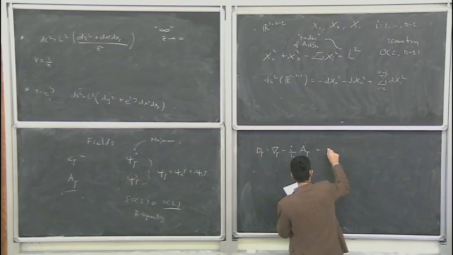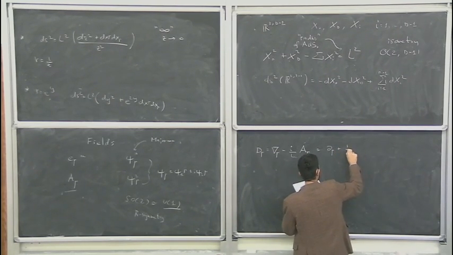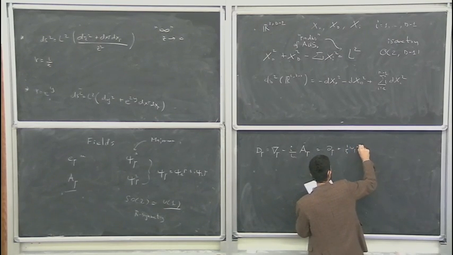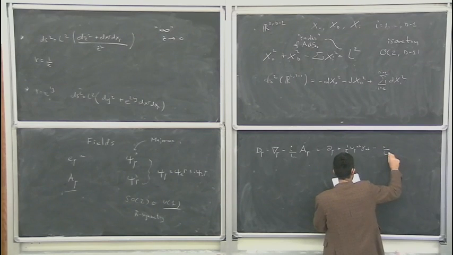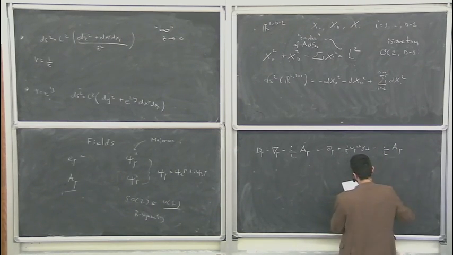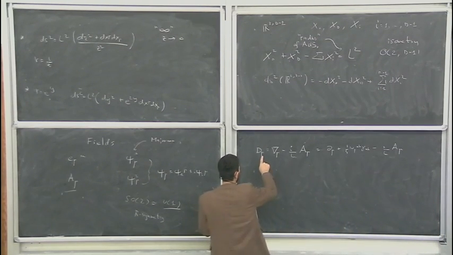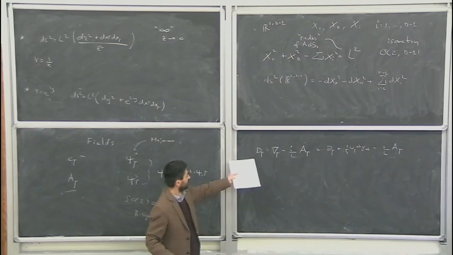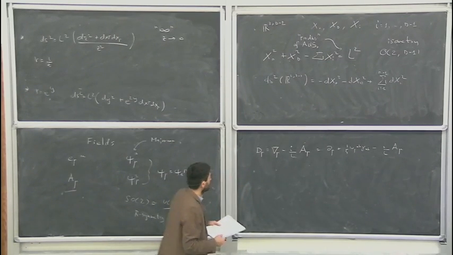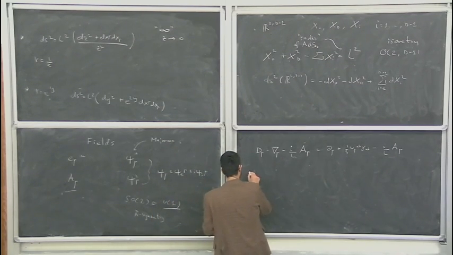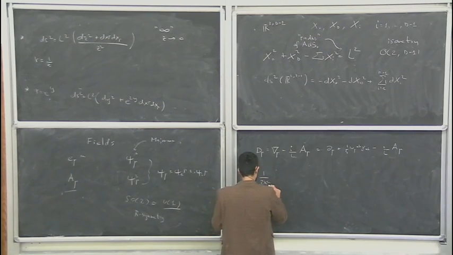So this is really d mu plus 1/4 A mu. And in terms of this modified covariant derivative, this gauged covariant derivative, I can write down my action. Now d is equal to 4.